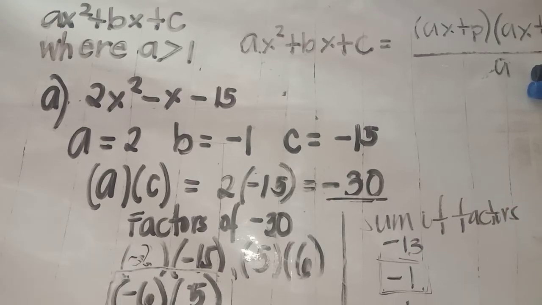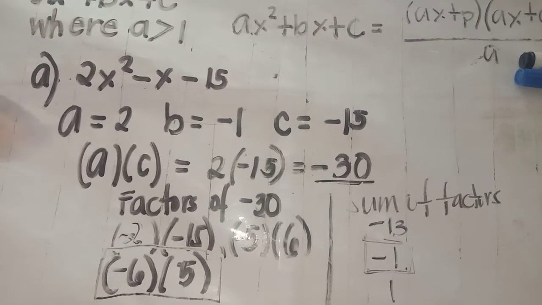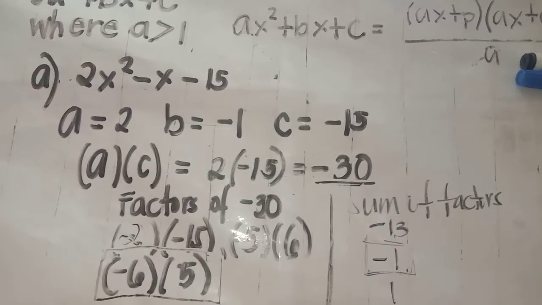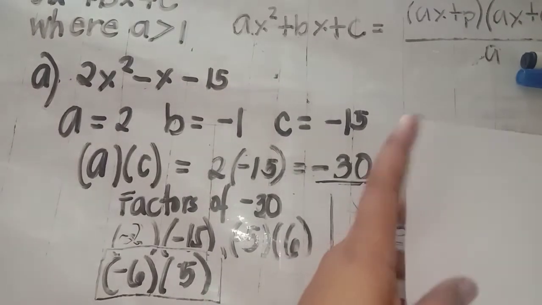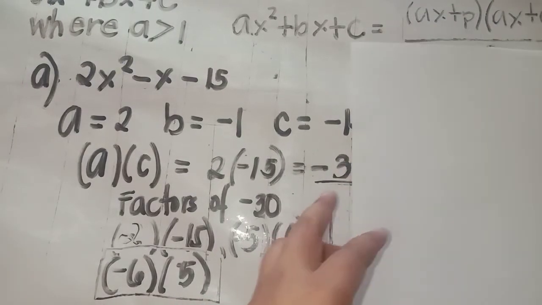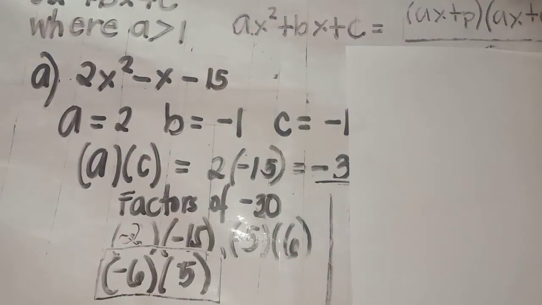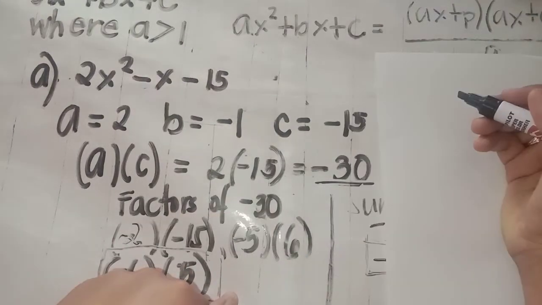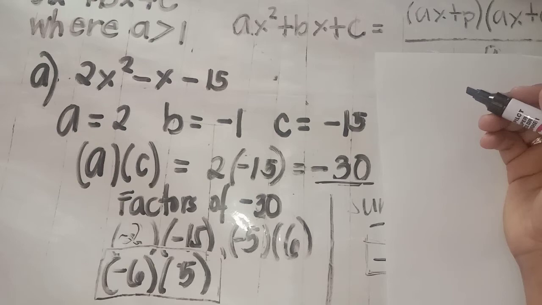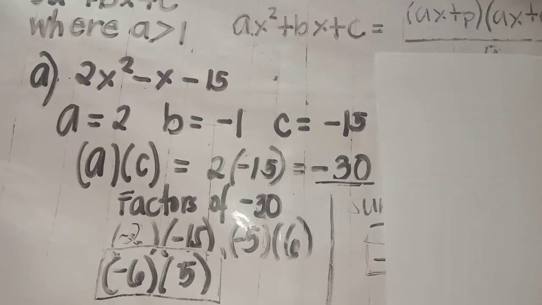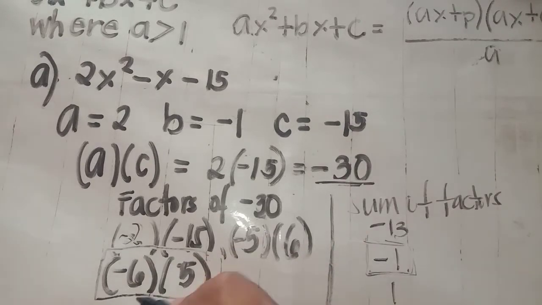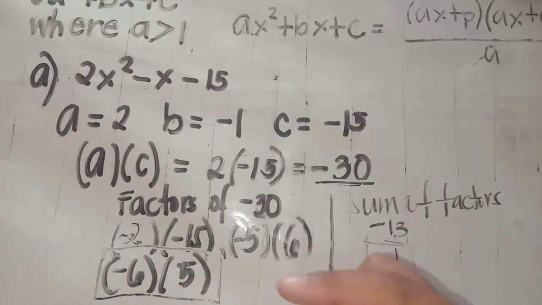The step is getting long and no longer fits on my whiteboard, so let's use another space. Step 3: the resulting factors are p and q. Our p is negative 6 and our q is positive 5.